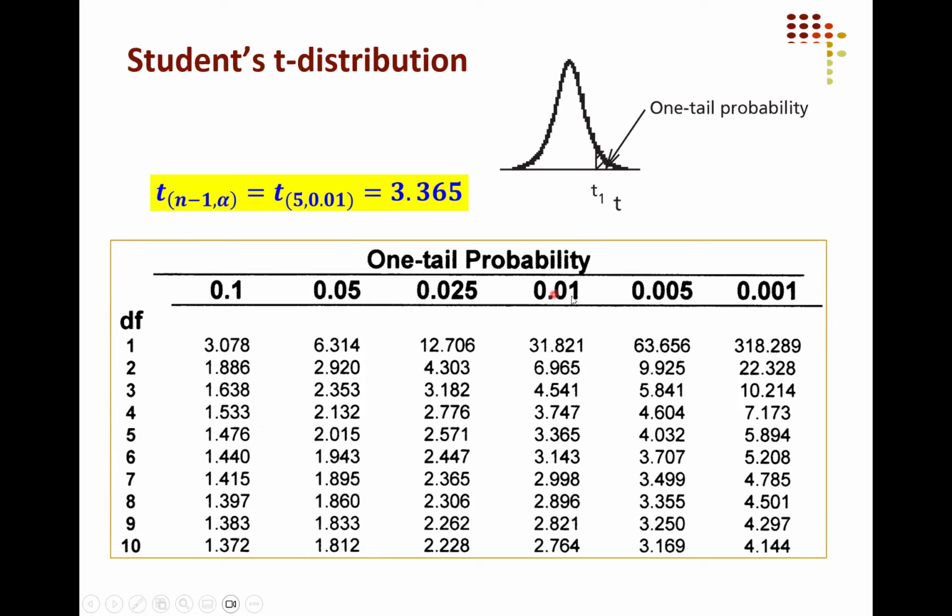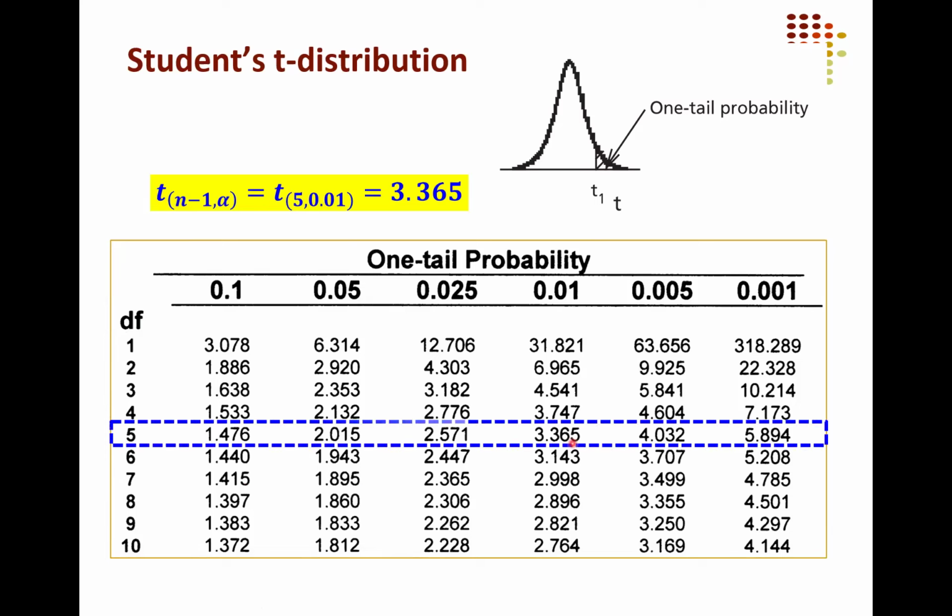So 1%, so 3.365. Let's see. Okay, in the row with 5 degrees of freedom and in the column with 1% level of significance, here is the value 3.365. This is the abscissa value. So if someone is looking for the value in the lower tail, the abscissa value for lower tail at 1%, that is going to be minus 3.365.